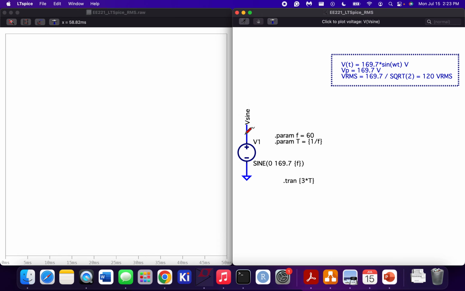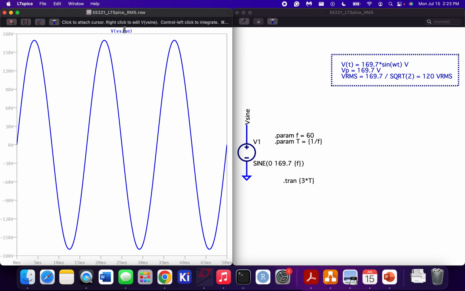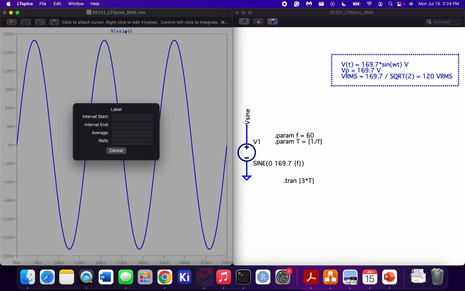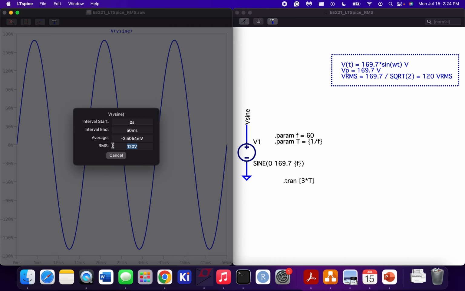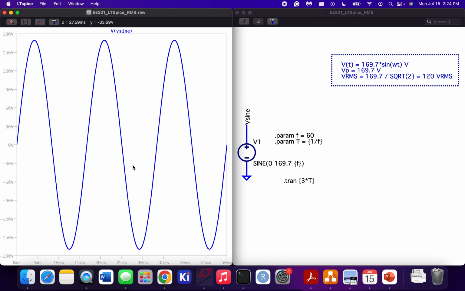Then when I come over here and plot this sinusoid, I can go right up top, left control, and then left click on my sine, and I get 120 volts RMS, which is exactly what I expected to see. What that means is that if I were to connect this signal to a load, that load would dissipate the same amount of average power as would be dissipated if I just connected it to a 120 volt DC source.